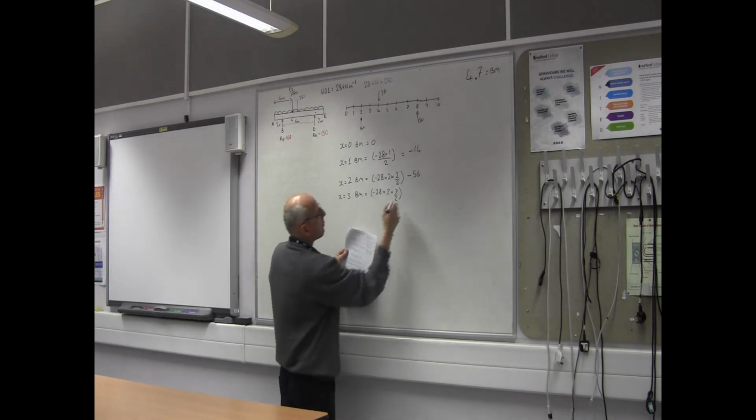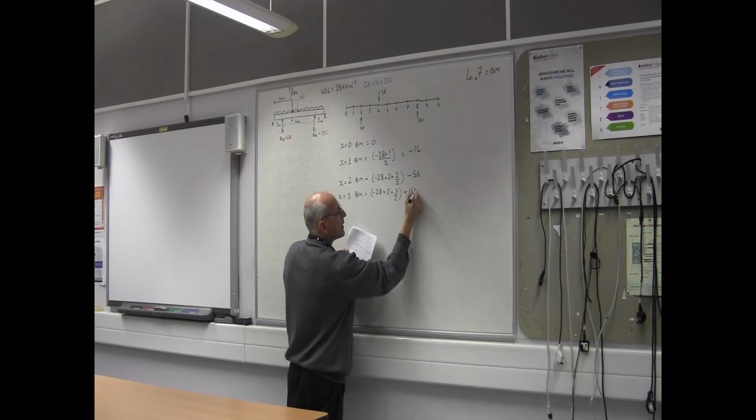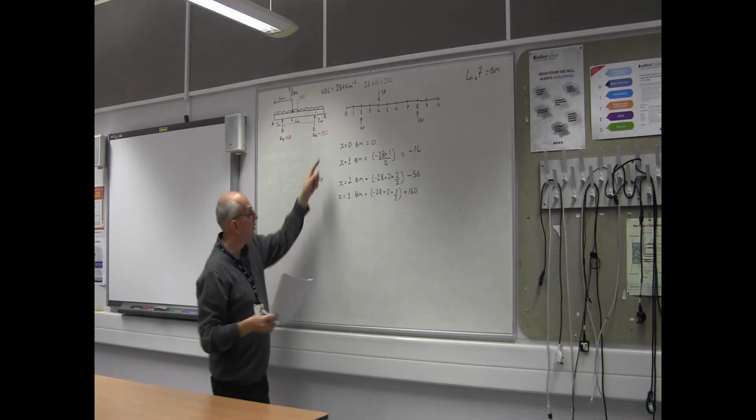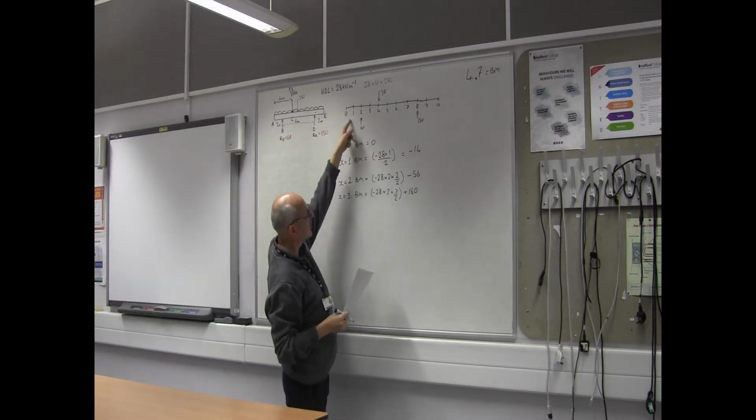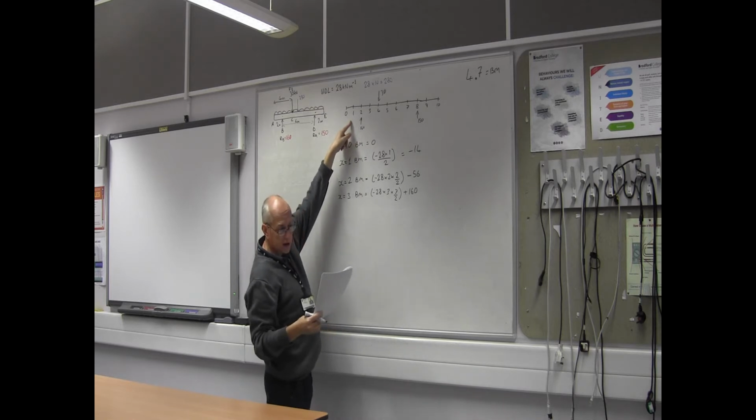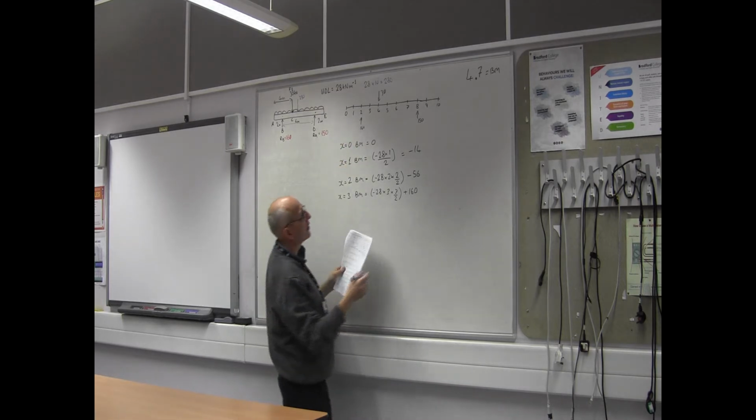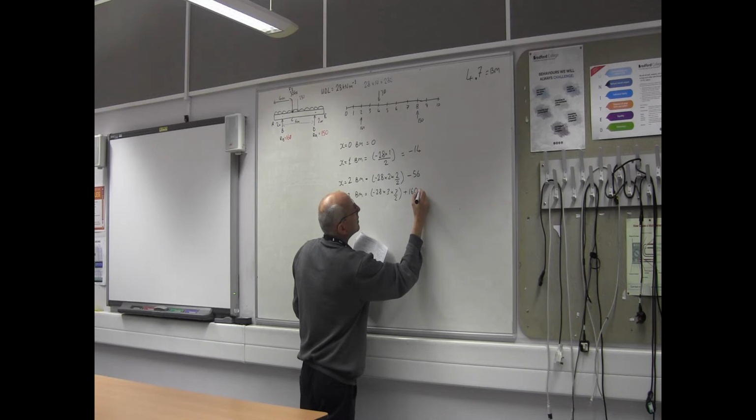And this time we've got plus the 160, which does make a difference, because we're now 1 metre away from it, so we've got 160 times 1 basically. I won't write the times 1 in. So that should be equal there.